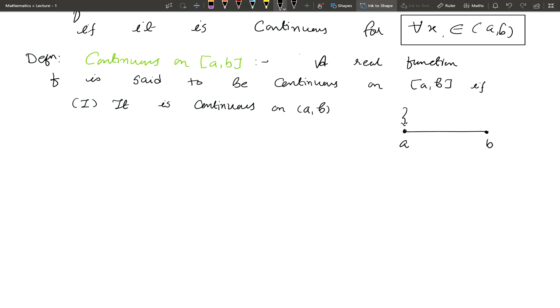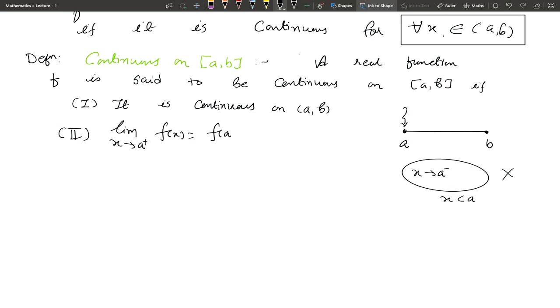Now at the junction point a, you observe that we can't discuss the left hand side limit. The reason is if x tends to a minus then x is less than a, and in that case you will be outside the interval. So at x equal to a, we can only discuss the right hand side limit. So limit x tends to a plus f of x must be equal to f of a. Same thing at x equal to b.